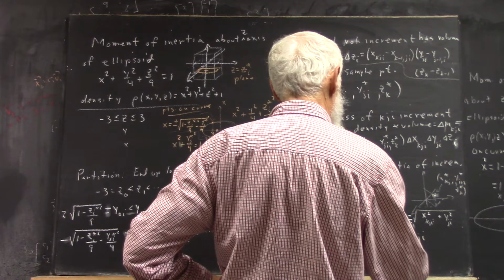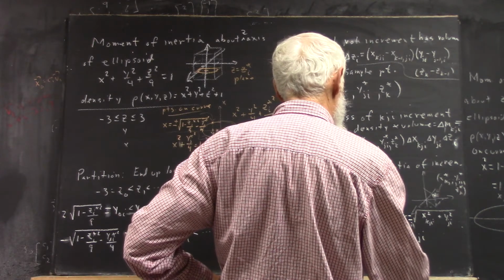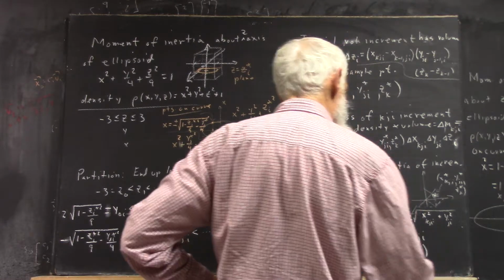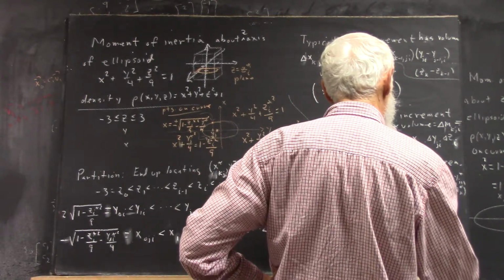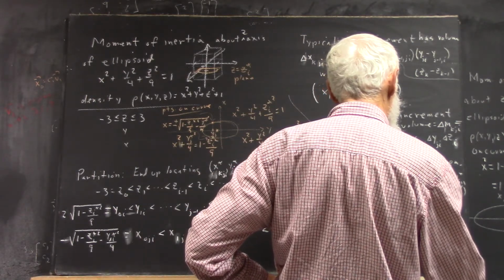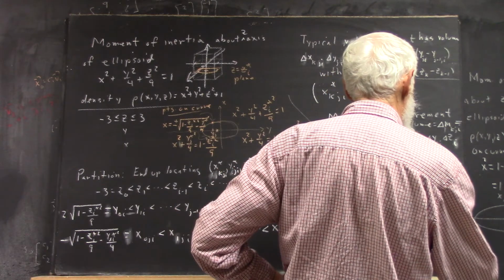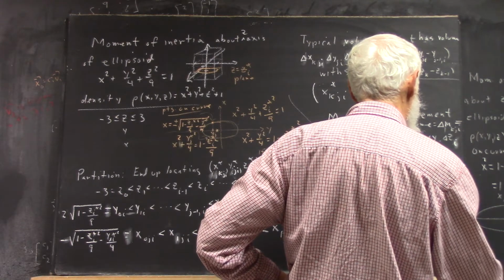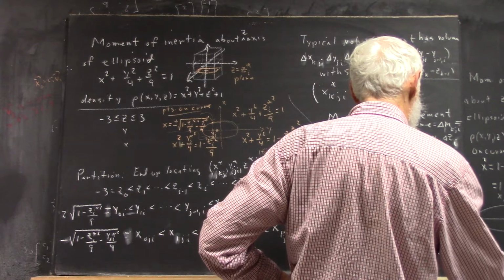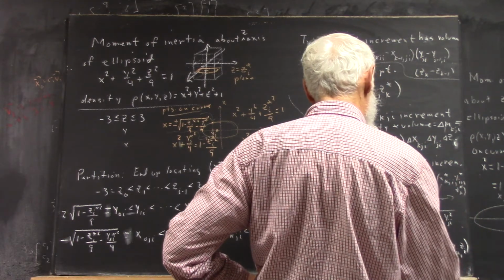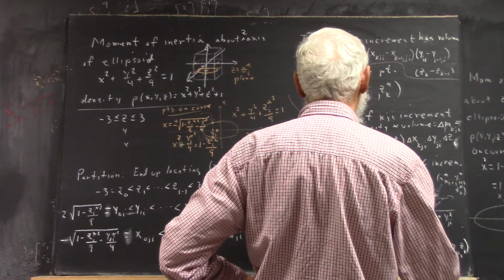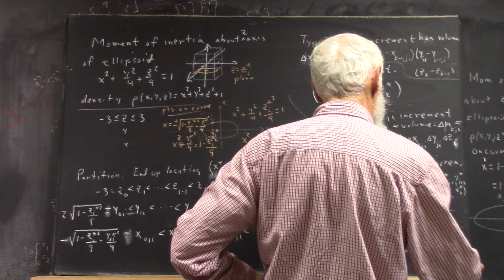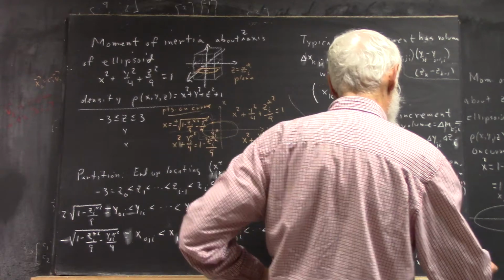And that is just then x kji squared plus y ji squared, times rho of x kji, y ji, z i, times delta x kji, delta y ji, delta z i.